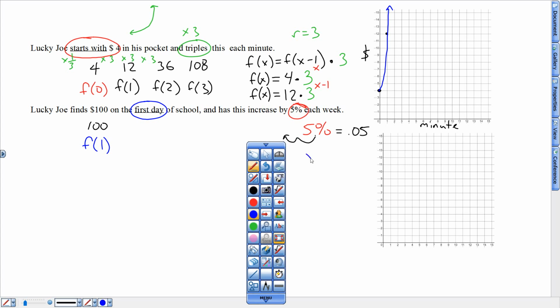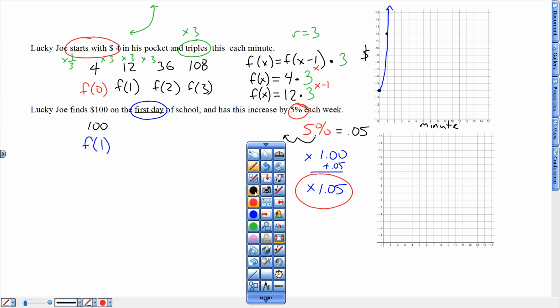So what you're going to be timesing by is the whole plus that little 5%. That means you're going to be timesing by 1.05. That's going to be where I'm getting this common ratio. Timesing by the whole of it, 1 times that little 5% more, 1.05.